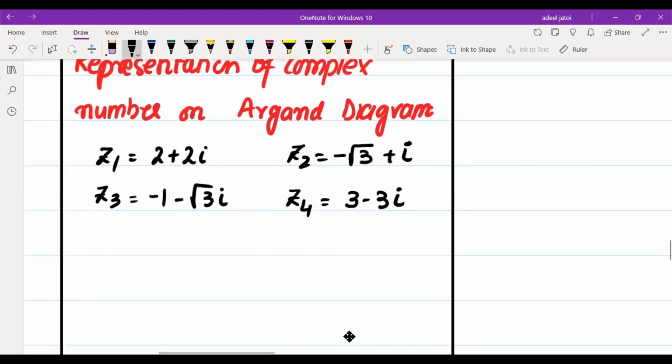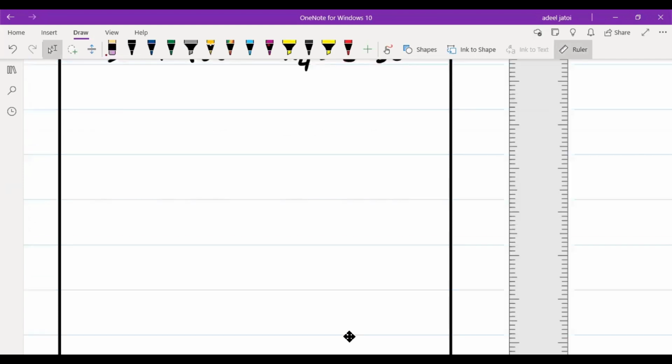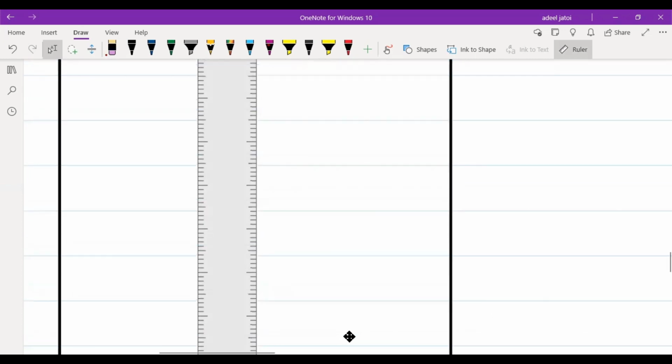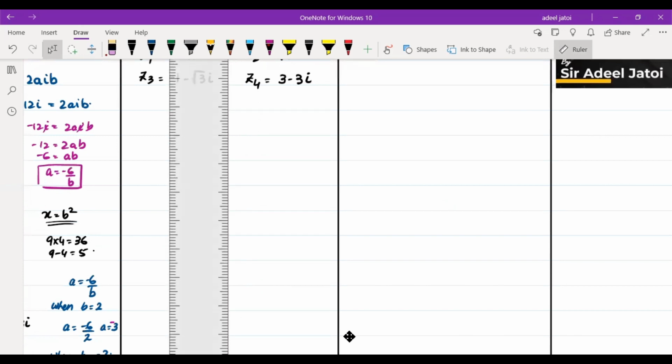Now we have four different complex numbers. Let us create the Argand diagram now. Let's draw this up.